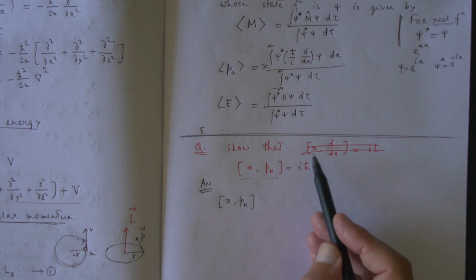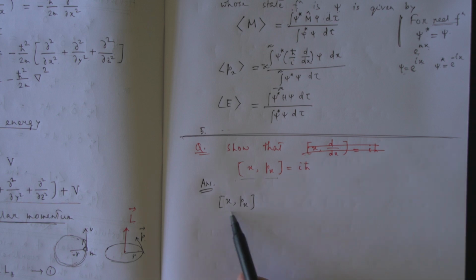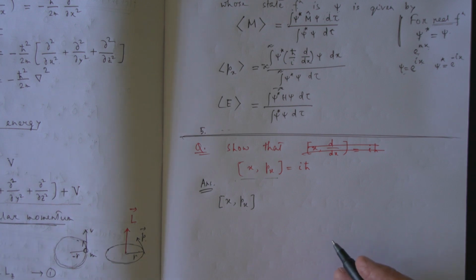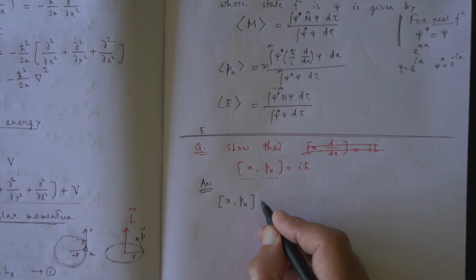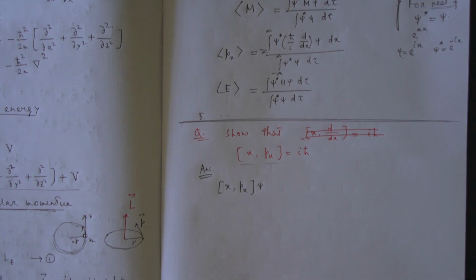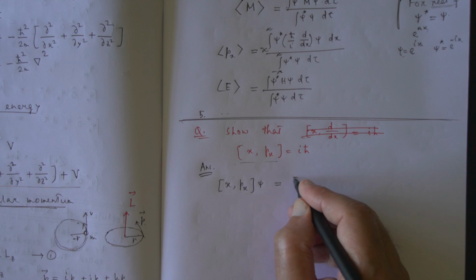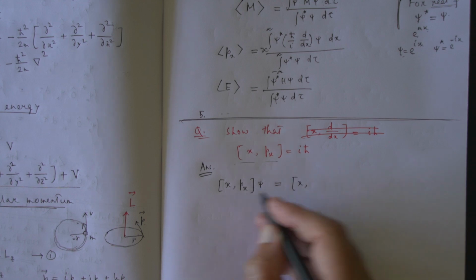Here you see no function has been given. With an operator we need some function, so you just take any function. Suppose the function is psi. We take the function to be psi. So what we do, we write like this: x, what is px?